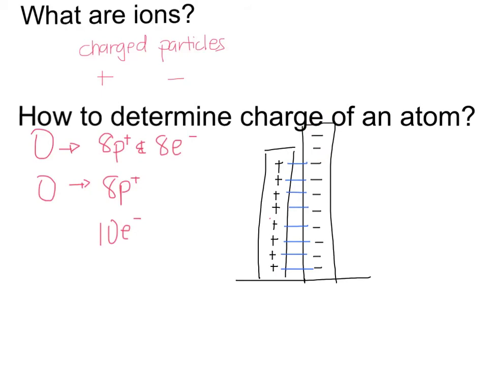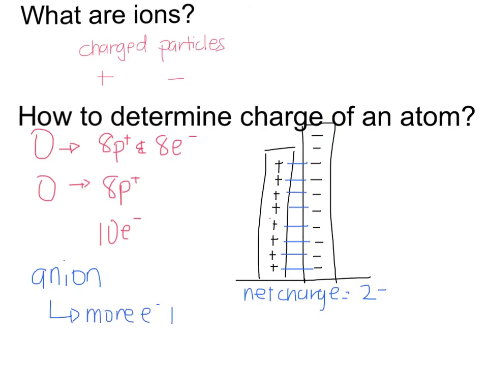So the net charge of this would be a -2. Now, since the protons are less than the number of electrons, this is called an anion. Okay? An anion basically tells you that you have more electrons than protons.